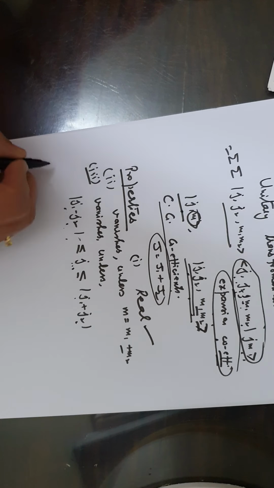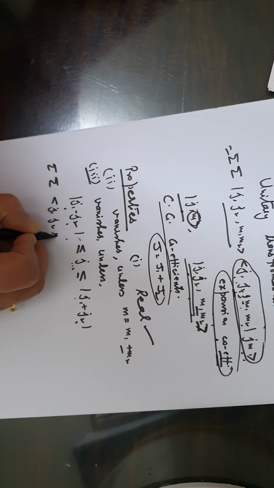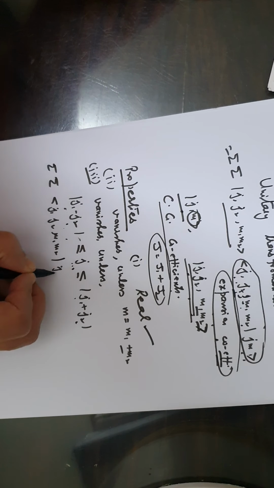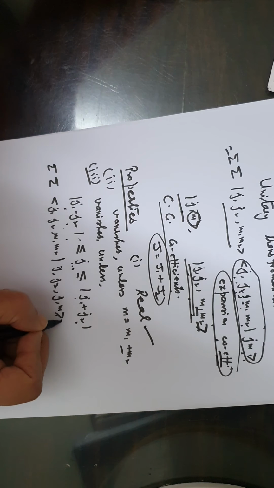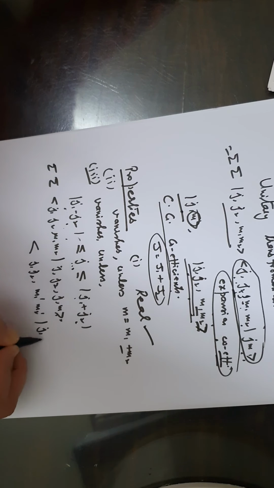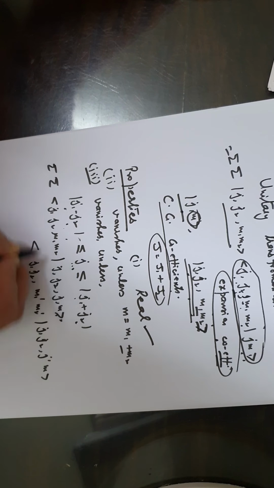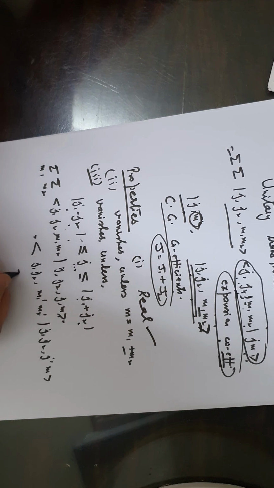The orthogonality condition says that if we take the inner products of J1, J2, M1, M2 with J1, J2, Jm, and of J1, J2, M1 dash, M2 dash with J1, J2, J dash, M dash, and sum over M1 and M2, this will be equal to delta MM dash, delta M1 M1 dash and delta M2 M2 dash.